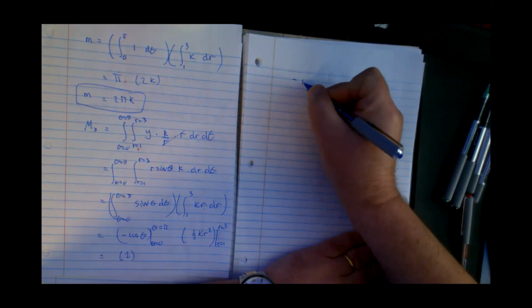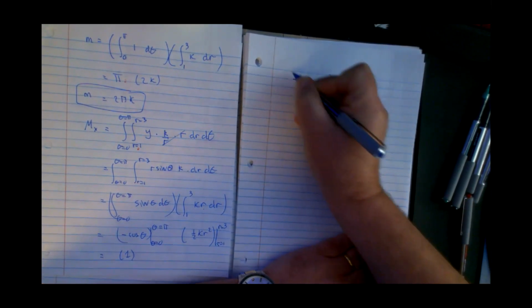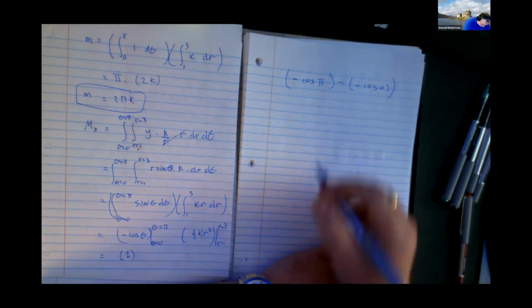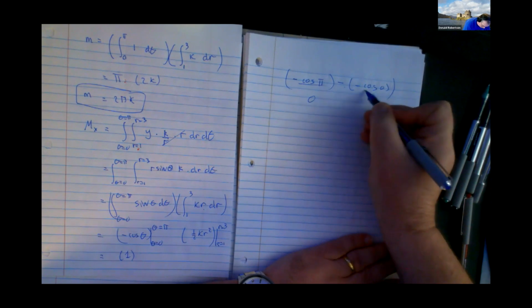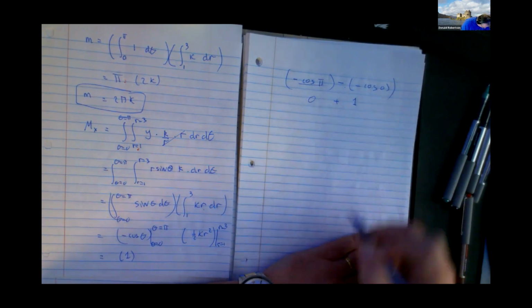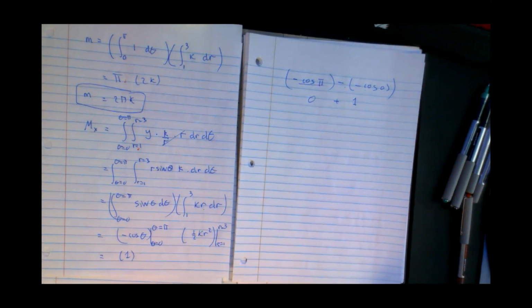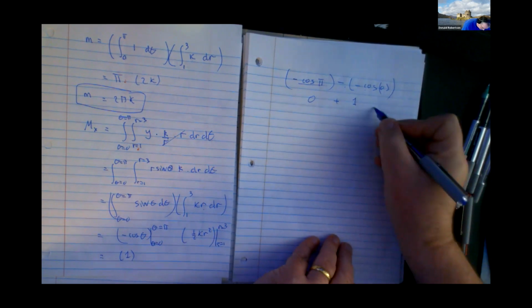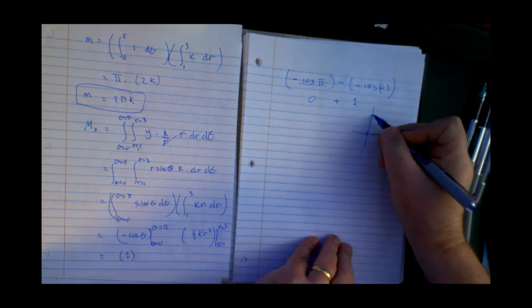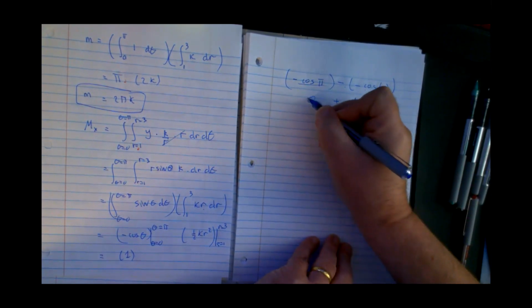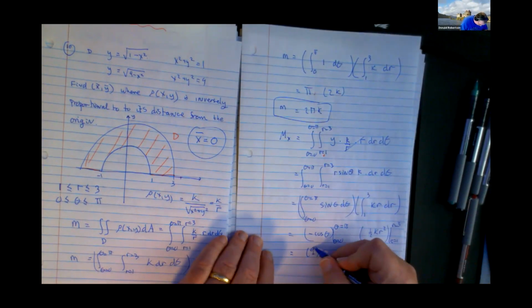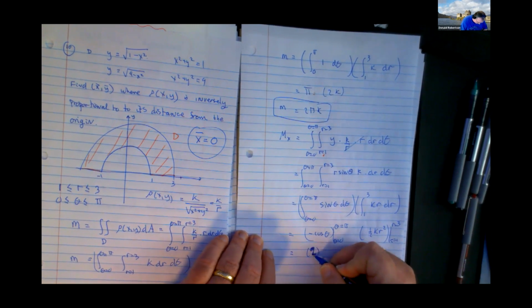Because we have negative cosine of pi, and cosine of pi is -1. Cosine of pi is -1. Yep, and the negative of -1 is 1. Oh, darn it. I'm trying to tell you you're wrong and you're right all the time. There you go. But at least it ain't 0.